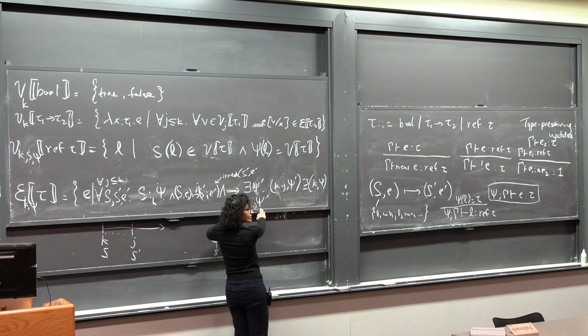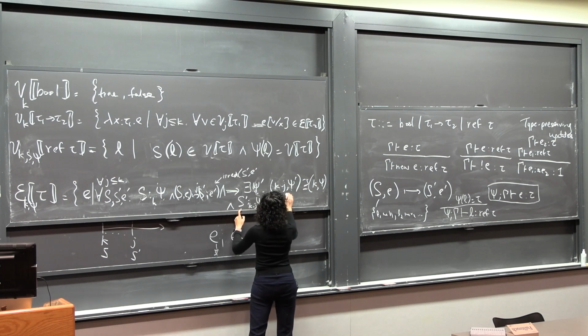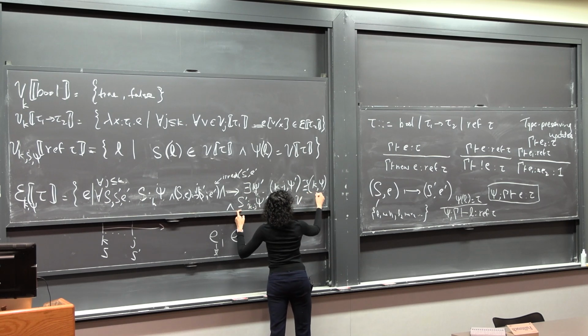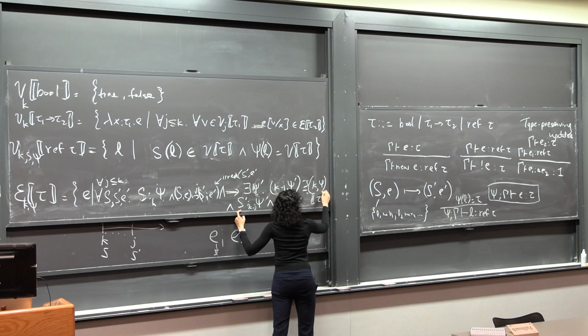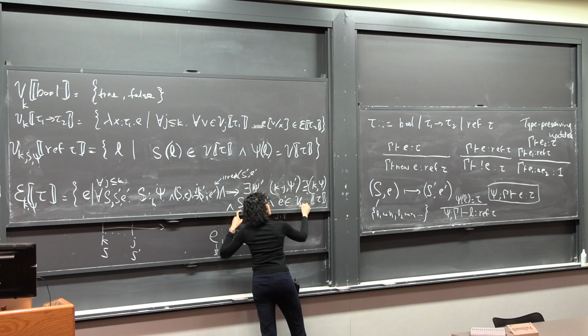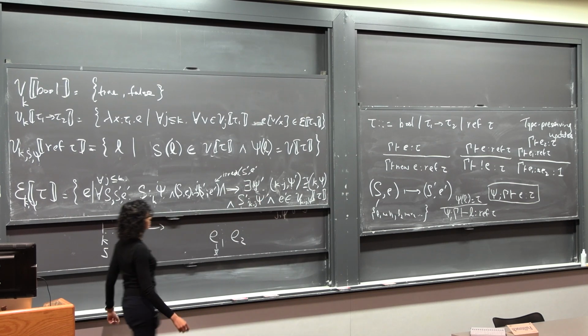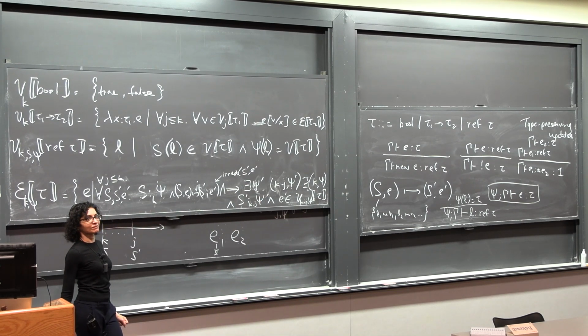New store satisfies new store typing. And finally, the E prime better be a value. Better be in the V relation at type tau for the remaining number of steps k minus j, and in the new world, the new store typing, psi prime. Sorry, that's a lot. I know that's a lot.